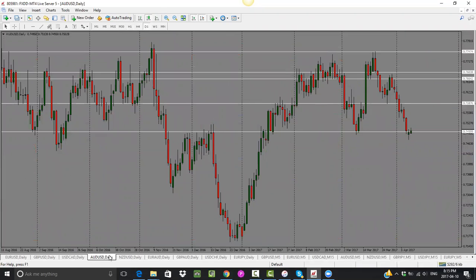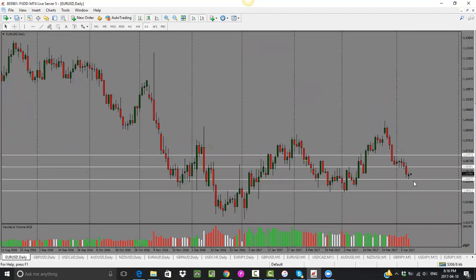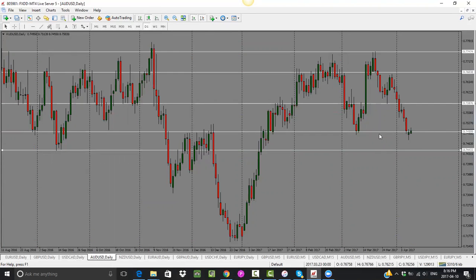Okay. Aussie. Aussie did not do much, even though dollar CAD moved quite a bit. So in this case here, very neutral candle, very much like the euro. If you take a look here, very much like euro, very small body and wicks on both sides, which is pretty directionless.